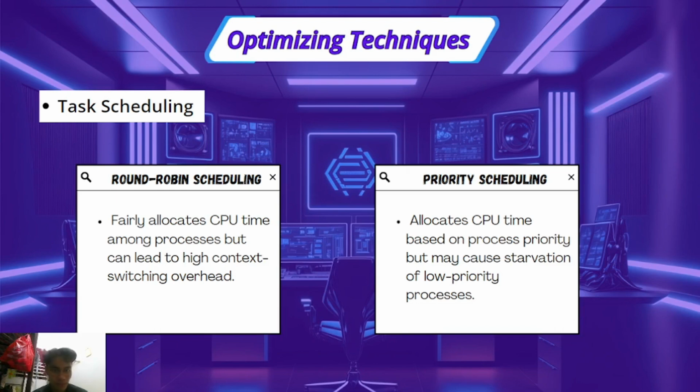Round robin scheduling fairly allocates CPU time among processes, but it can lead to high context switching overhead. Priority scheduling allocates CPU time based on process priority, but sometimes may cause starvation of low priority processes.